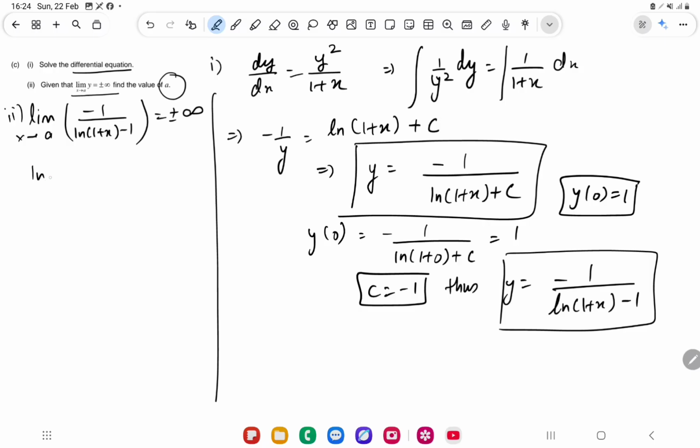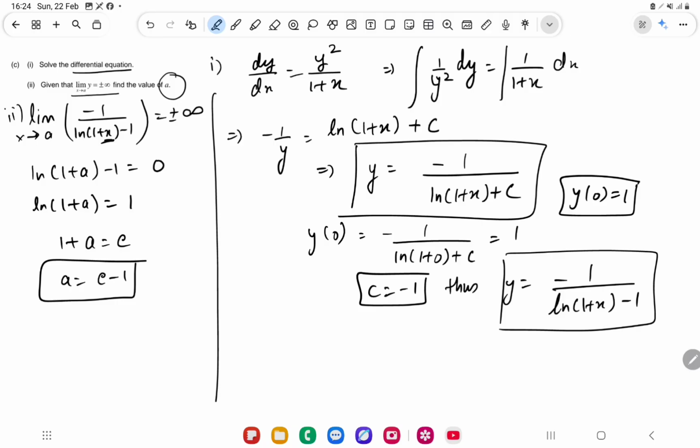It means the denominator must be 0: I can replace x by the limit, so ln of 1 plus a minus 1 should be 0. So I can write it as ln of 1 plus a is equal to 1. I can convert log to exponent form and I will get a value of e minus 1. So this is how I will solve the second part.